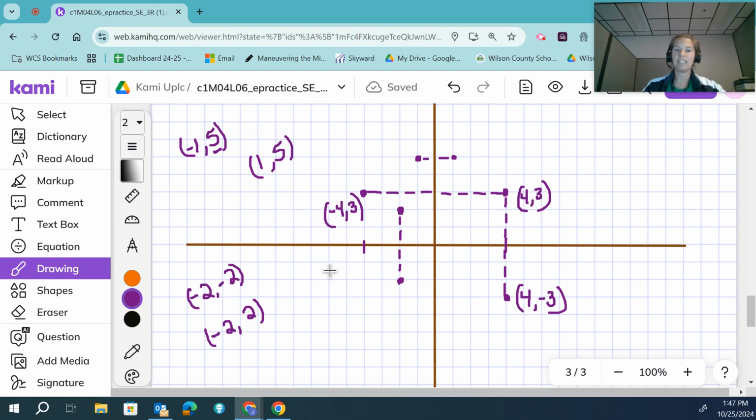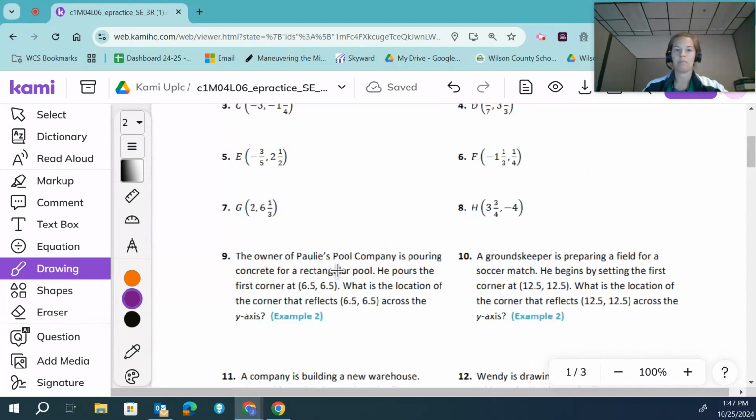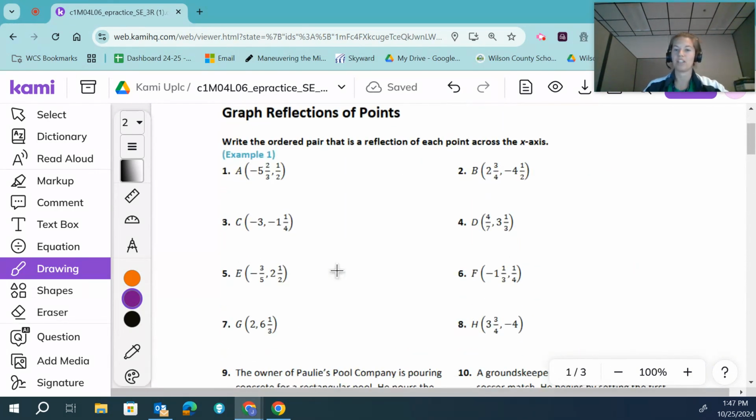Now let's take a look at some problems that have fractions or decimals involved, so our rational numbers. Write an ordered pair that is a reflection across the x-axis. So again, if we're across the x-axis, that means the x value stays the same.